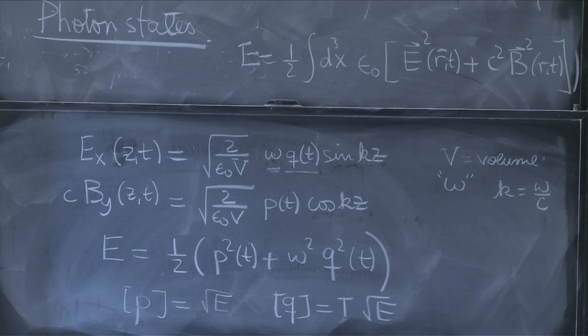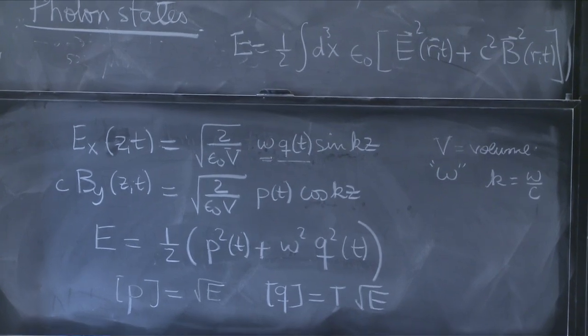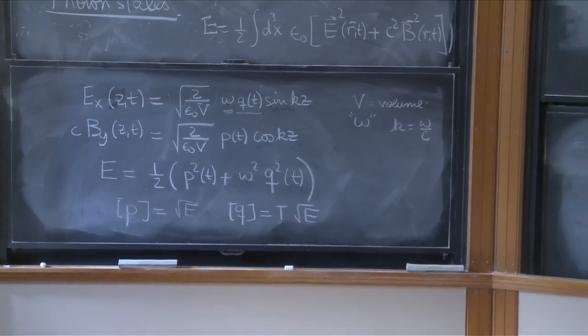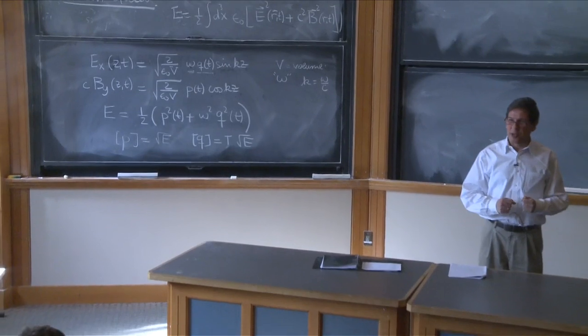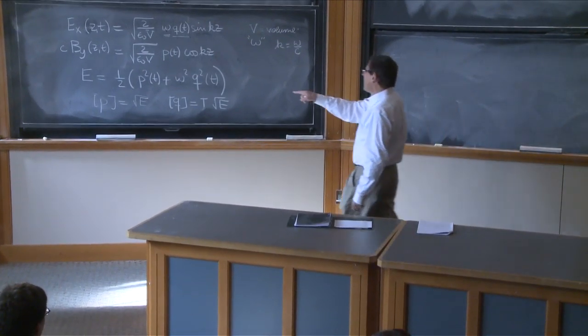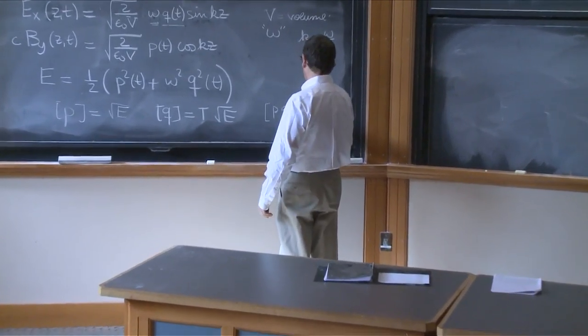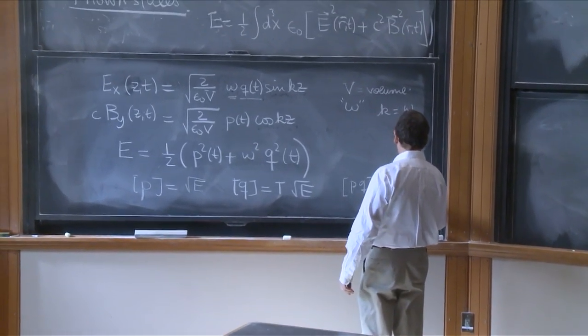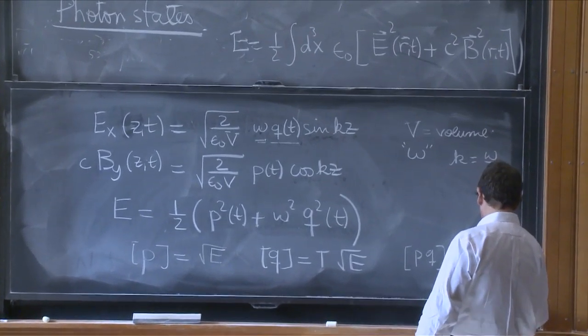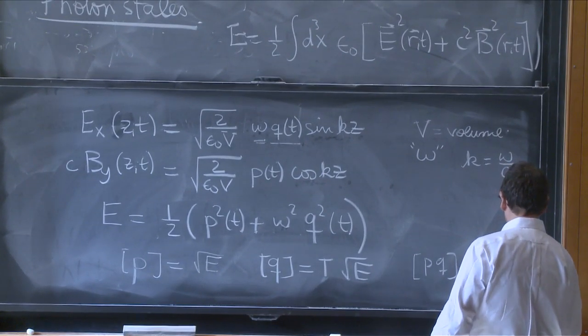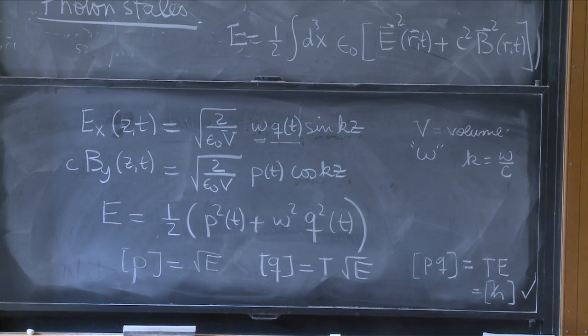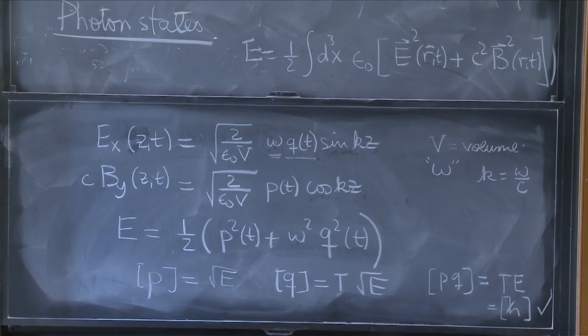And therefore, P doesn't have the right units to deserve the name P, and Q doesn't have the right units to deserve the name Q, but P times Q has the units of time times energy, which are the units of h bar. So that's good. These P and Q have the right units in some sense.